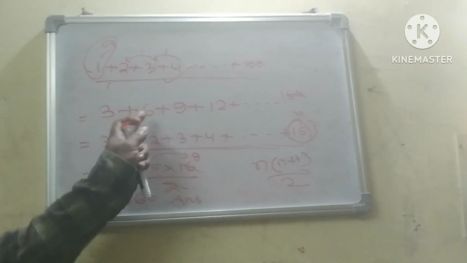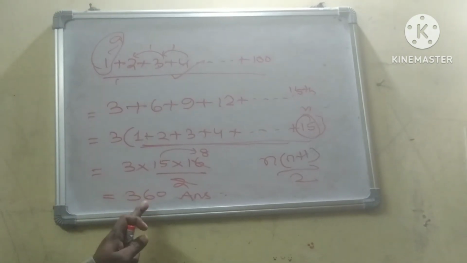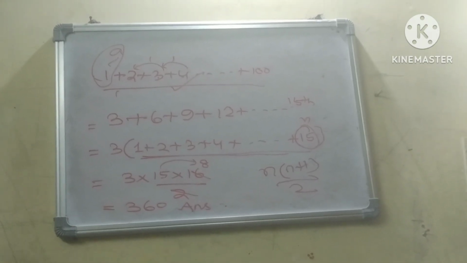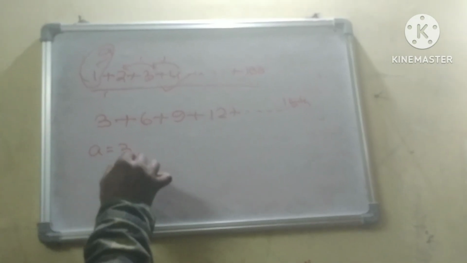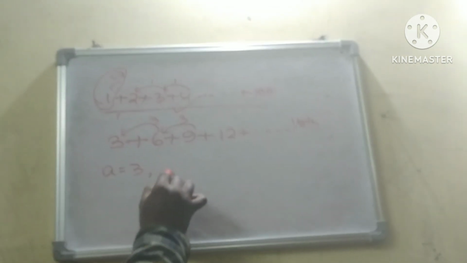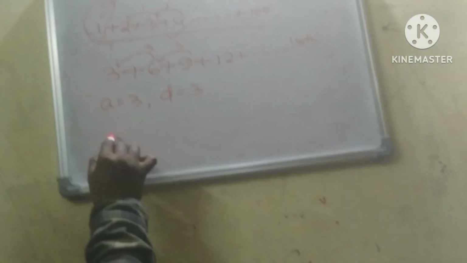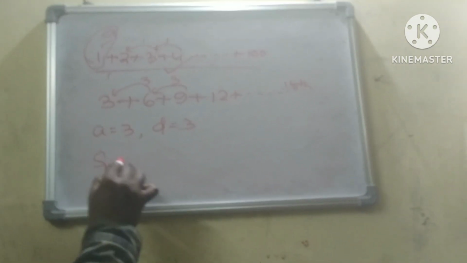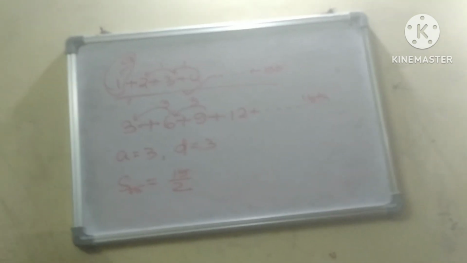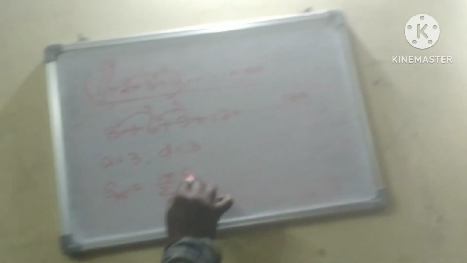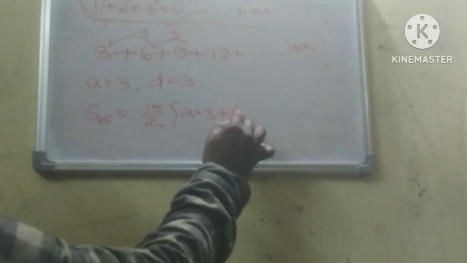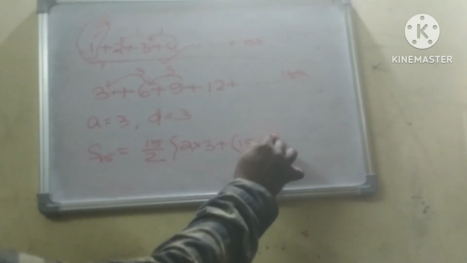Let us do it using the common difference, a different way, and see if the same answer comes. Right? OK, a is 3. Difference: 6 minus 3 is 3, 9 minus 6 is 3. The difference is 3. So we need S_15. S_15 will be 15 by 2 into 2a plus 15 minus 1 into d.